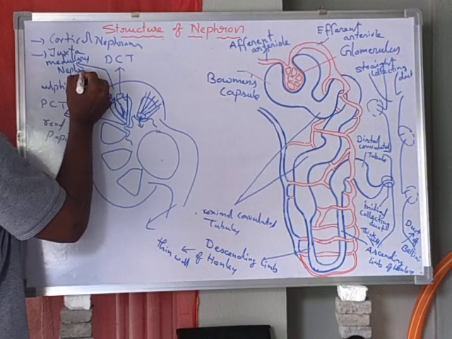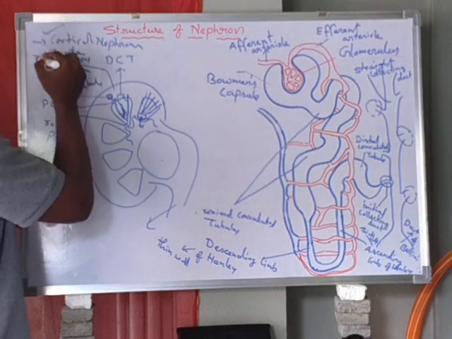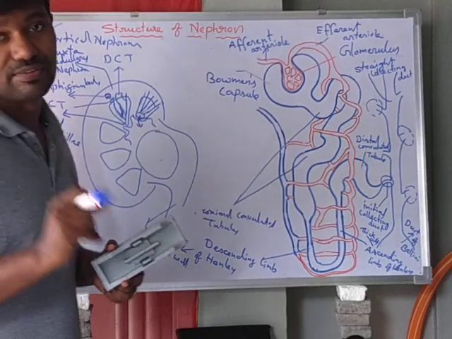Like this, nephrons are of two types: cortical nephrons and juxtamedullary nephrons.